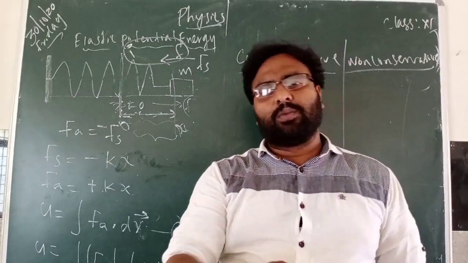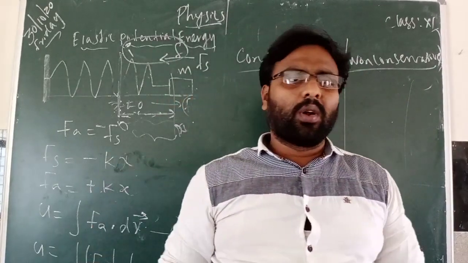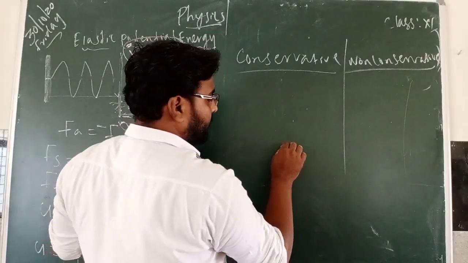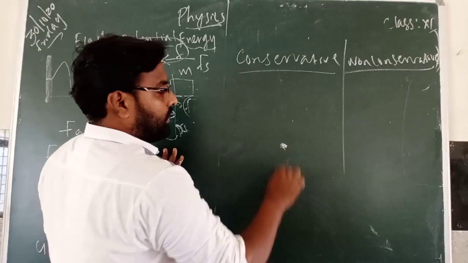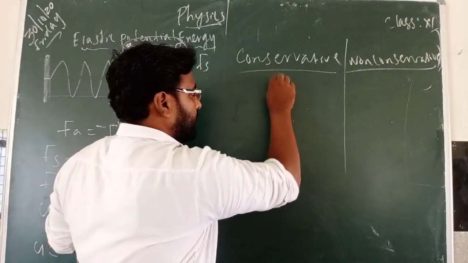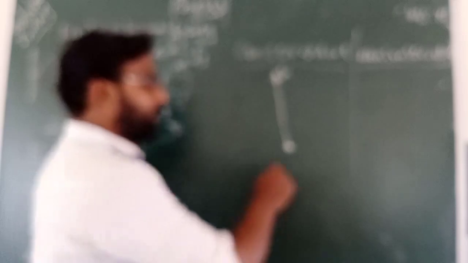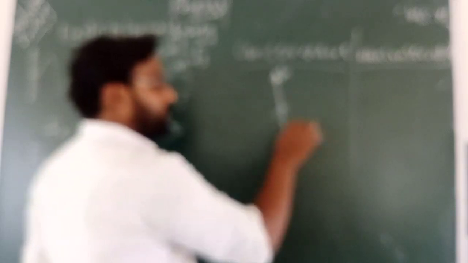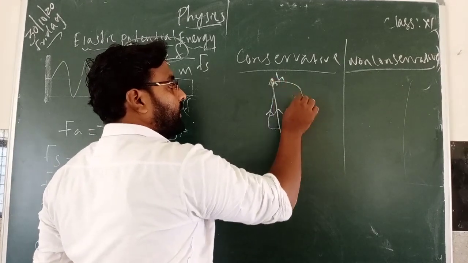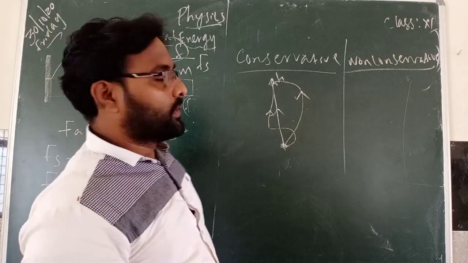Here, assume that one object is at this position. You are lifting this object to the height h. The same object you are lifting in this path. The same object you are lifting in this path.